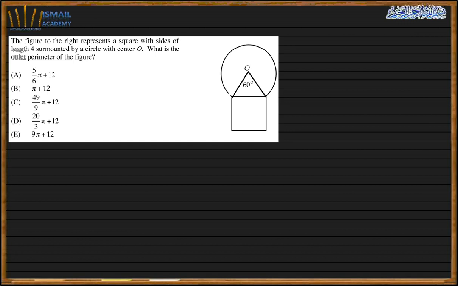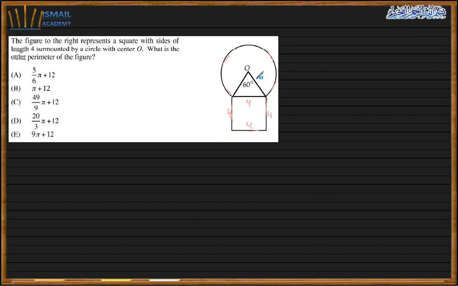So here we have, so we know it's a square, and so this is 4 again. What is the outer perimeter of the figure? They're looking for the perimeter of this portion of the circle. And here, I don't count this triangle inside.